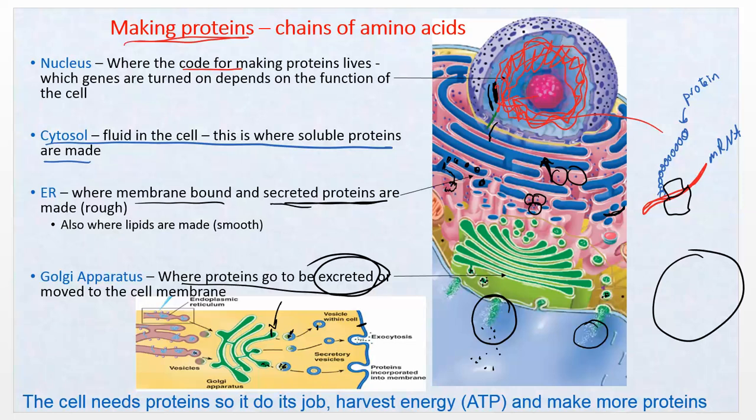So they were in the Golgi, and then they're in the vesicle, and since they're in the vesicle, when the vesicle fuses, they're released. All right, so the cell needs protein so it can do its job, harvest energy, and make more protein. All of these things we've just been talking about, if you can wrap your head around that, have required protein enzymes and things like that to make the proteins.